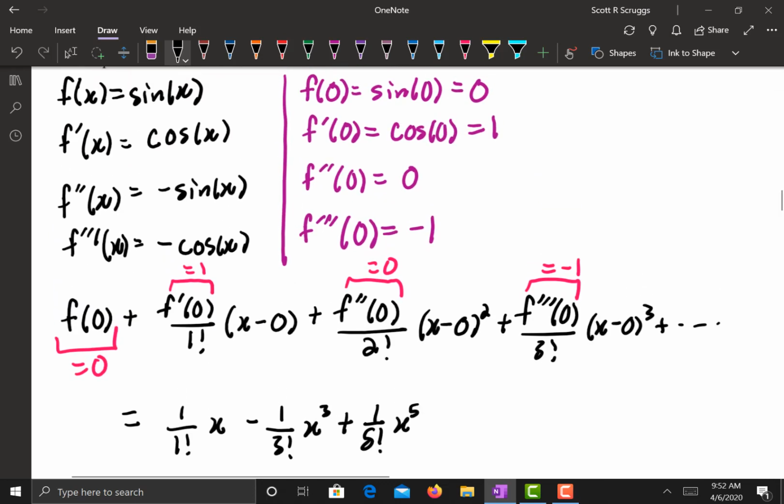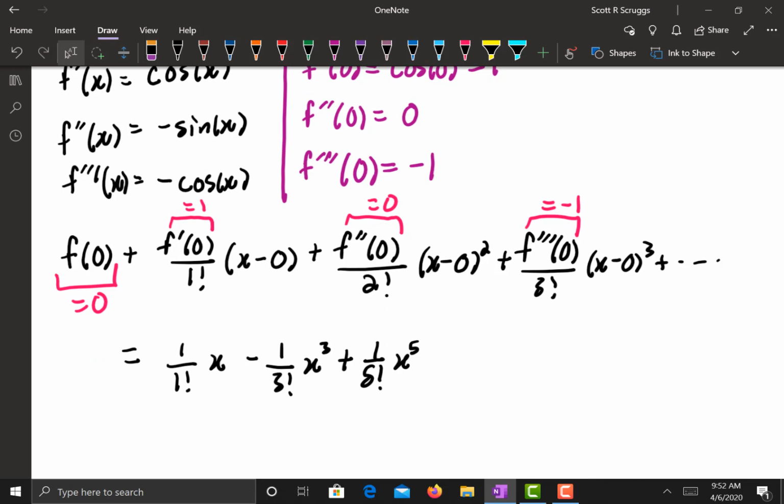Sixth derivative, that's equivalent to the second derivative, I get 0 again. Seventh derivative, that's equivalent to the third derivative, so I better get a negative 1. And so that is what I expect to be my next coefficient. And if I keep repeating the pattern, this is what I should expect to see.